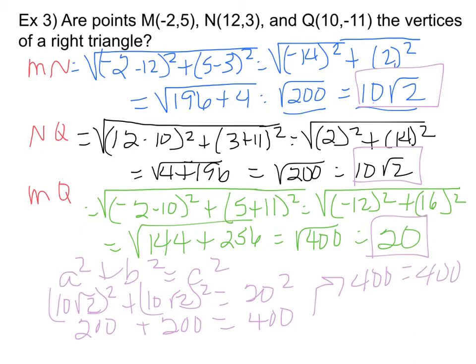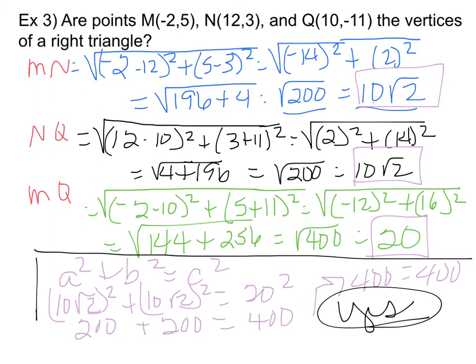All day long, baby. So if we're looking at this problem, the whole question comes down to this one word. Yes. If I have this problem, it's saying, are these vertices of a right triangle? Yes, they are. And you have to show your work. You have to show all of this work because honestly, the whole purpose of the problem is to do these 3 parts. The bottom part is just a nice quick check.